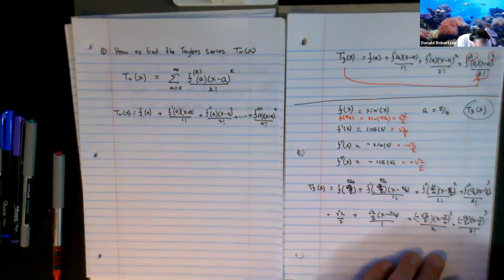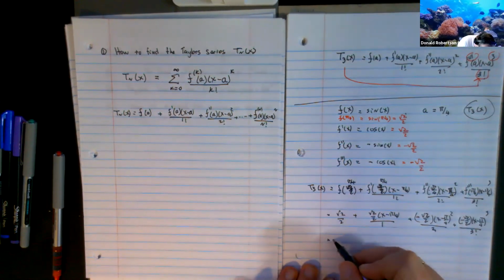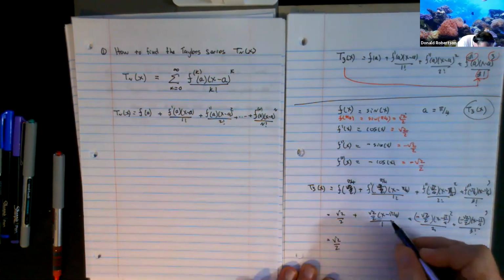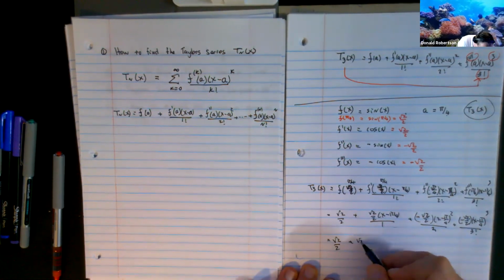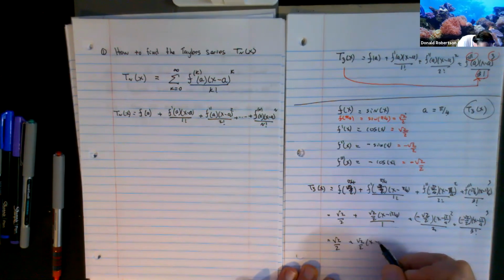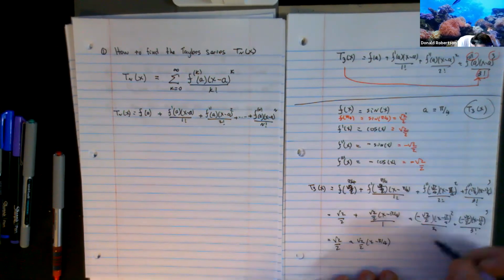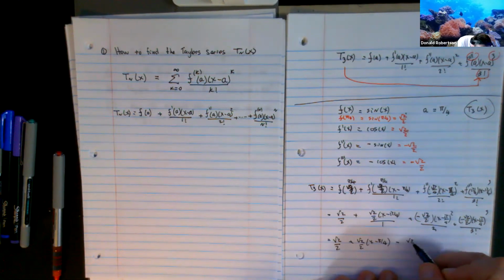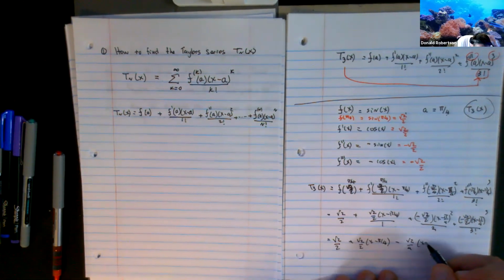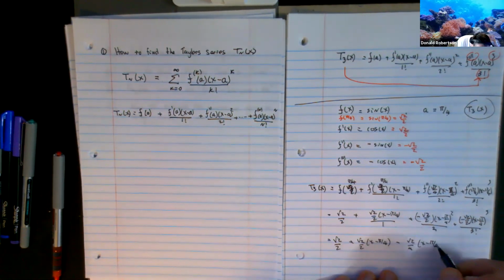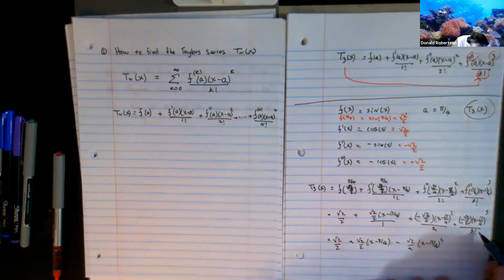And by the way, 3 factorial is 6. So I'm trying to make it look a little bit prettier. I got this one, and that one makes this negative. So that's what the next term looks like. That's worth 6. That's 2. That gives you 12.